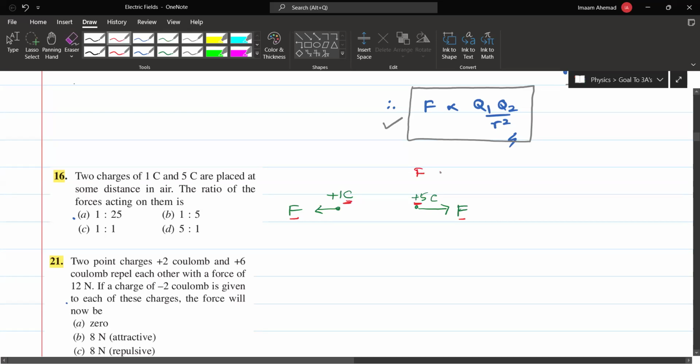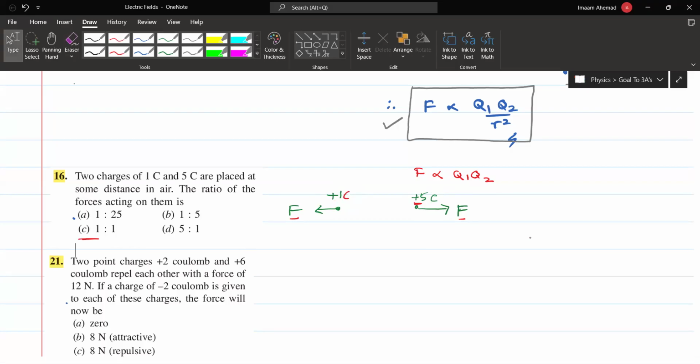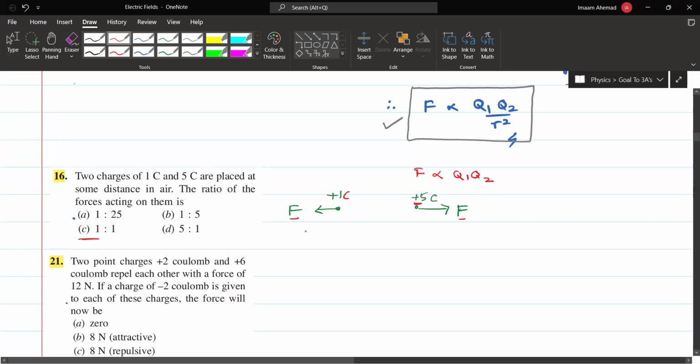Because force is not proportional to a single charge. It is actually proportional to the product of the charges, Q1 Q2. So it doesn't matter which charge you're looking at. Maybe you're looking at 1 coulomb, but you will have to multiply it with the other charge. So it is proportional to the product, not a single charge. Therefore, the answer should be C, 1:1 ratio. Most students get confused, thinking the larger charge has the larger force. That is incorrect, because you have to remember that we need to take the product, not a single charge.